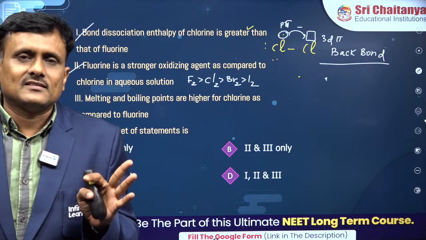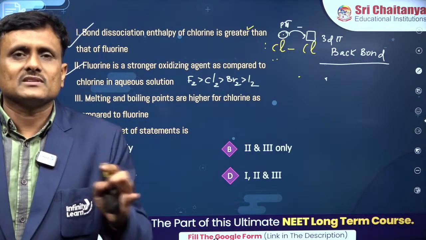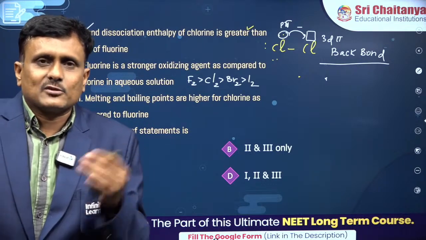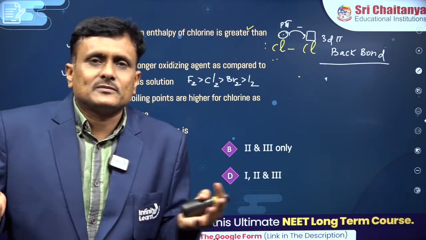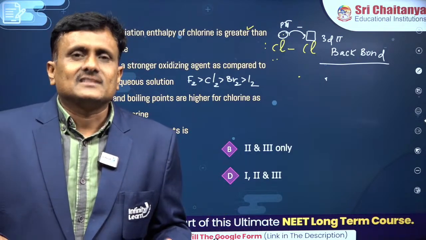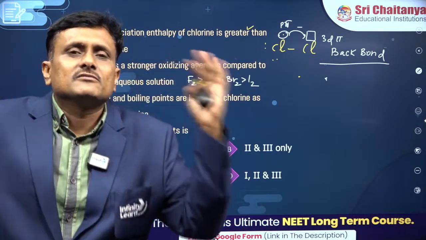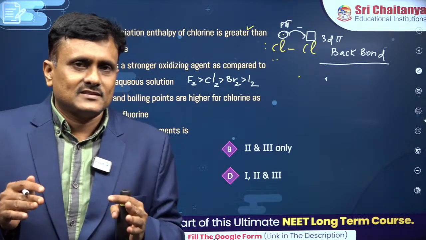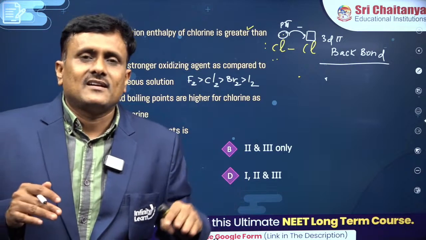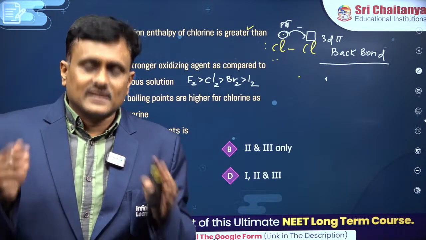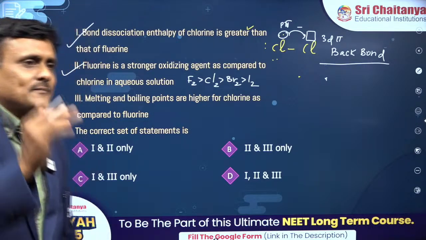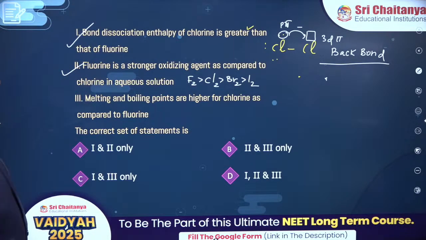No matter what, the boiling point is supposed to increase with increase of molecular weight or dispersion forces, because halogens do not have any dipole forces, as they are non-polar. They have only London forces, dispersion forces, which are very weak and directly proportional to the surface area, size. Therefore, iodine has the greatest, and chlorine has higher than fluorine. Got it? So melting and boiling points are greater.